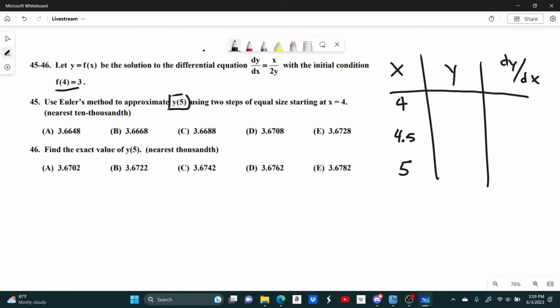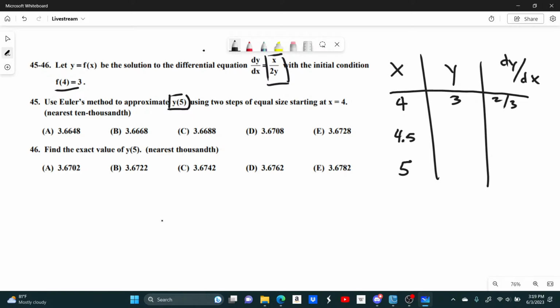At x equals 4, I'm starting at 3, which means that at x equals 4, the slope of my tangent line, the way I'm approximating this, I can calculate through here. So it would be 4 over 2 times 3, which is just 2/3, right?